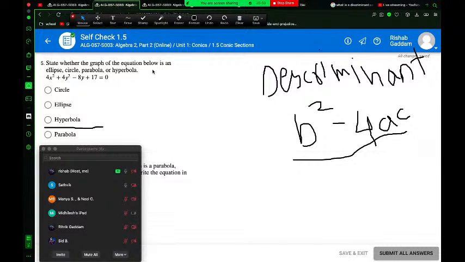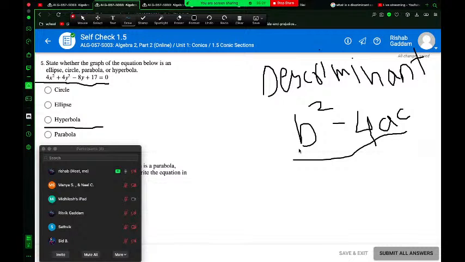Yeah. Okay. So for this one, we're going to have to use the discriminant formula, because we really can't tell whether this is a circle, ellipse, or hyperbola. So we need to use this discriminant formula to find out.